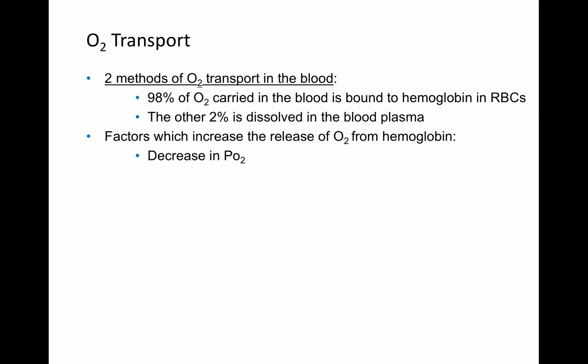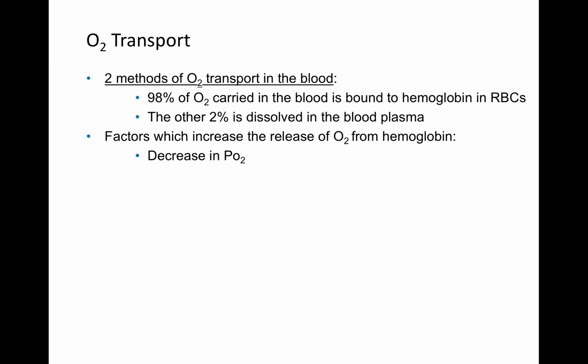It's going to be generating a lot of carbon dioxide because there's a lot of metabolism going on to make carbon dioxide. As a result of increased carbon dioxide, the blood is going to become a little more acidic, so there's going to be a change in pH. And also temperature is going to be higher in a metabolically really highly active area.